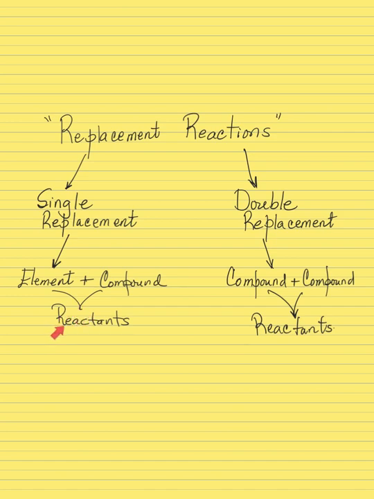No. Copper(II) sulfate reacting with iron: you have an element, which is iron, and a compound. That's how you identify a single replacement. And in a double replacement, you're going to have a compound and a compound. Sulfuric acid reacting with sodium hydroxide: you have two compounds in there.